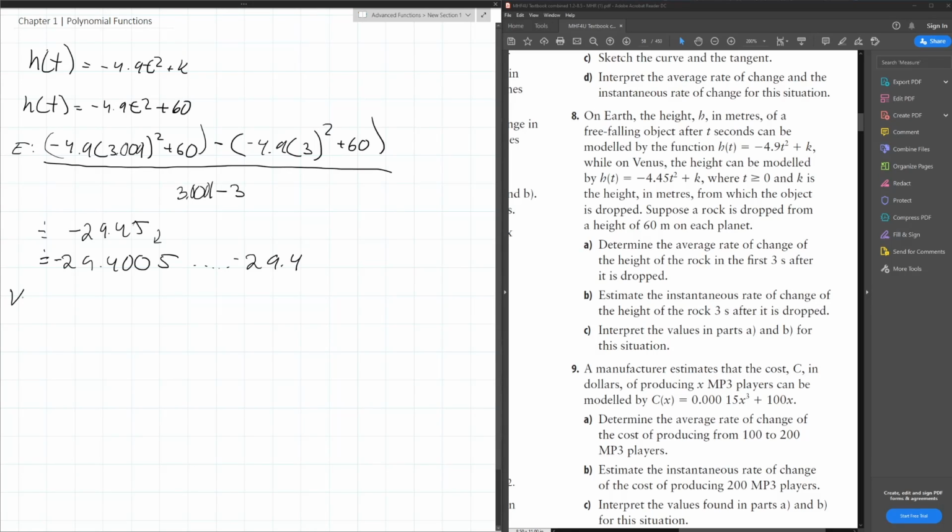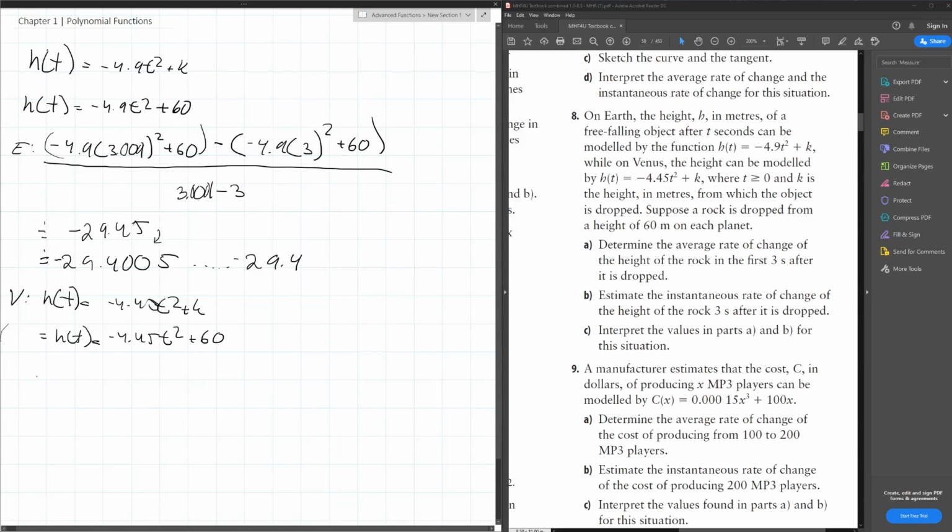On Venus, we do the exact same thing. We have h of t equals negative 4.45 t squared plus k, which gives h of t equals negative 4.45 t squared plus 60. Again, I like to substitute in 3 zeros, so that's what I'm going to do.